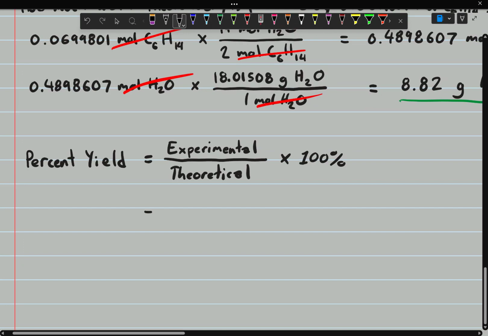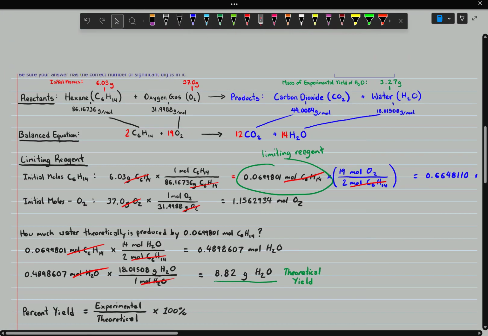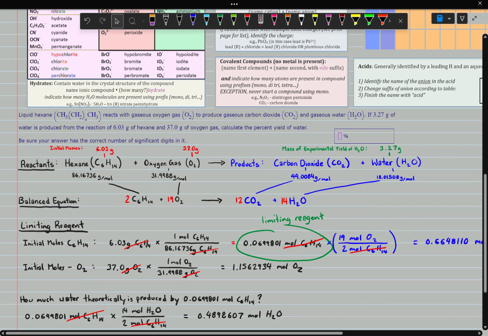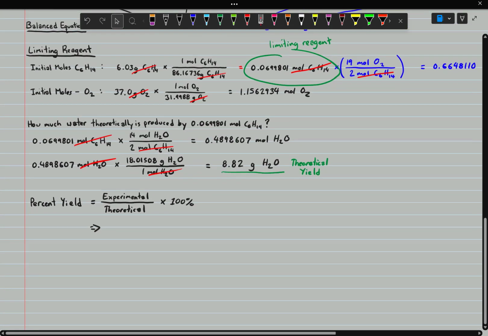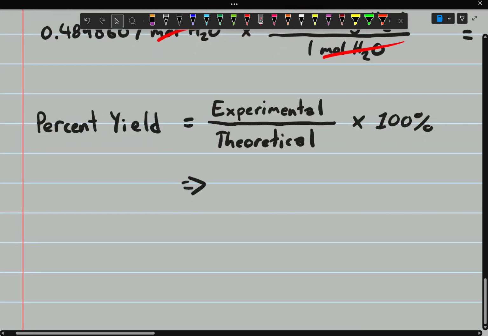So what does this give us? Well, if we go back to the beginning of the problem, we can see that in our experiment we produced 3.27 grams of water. And that's our experimental yield.